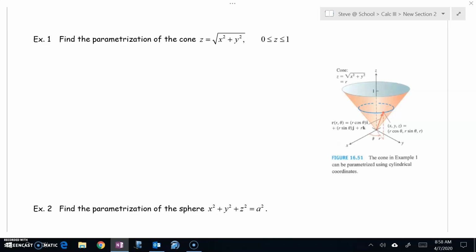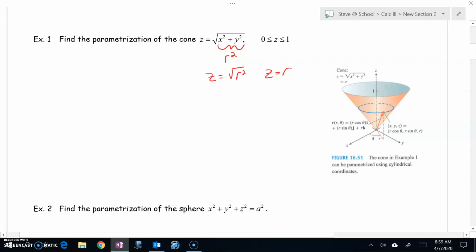Some common things to do is look for spherical or polar coordinates that you can change. Other things are subbing in from one equation to another. Here we don't have any sub-ins, but we do know that x squared plus y squared is equal to r squared in polar. So that means that z is equal to the square root of r squared, that means that z is equal to r. So now we have z in terms of r.